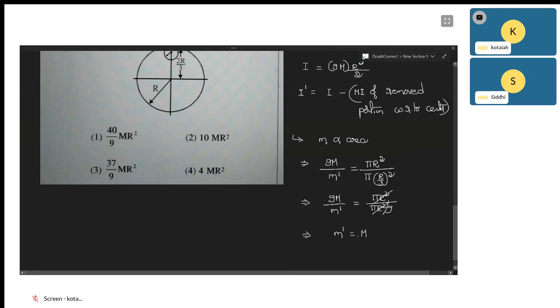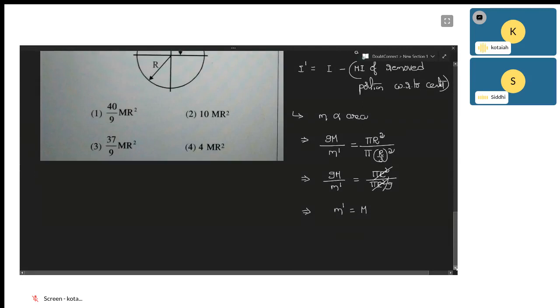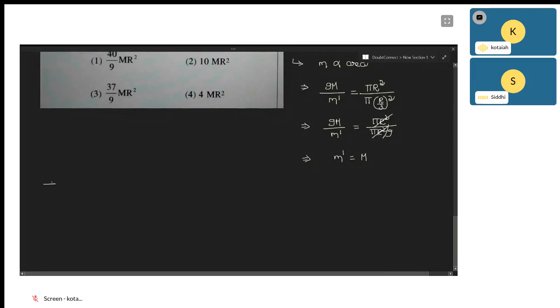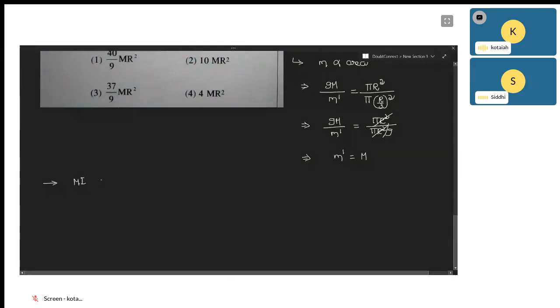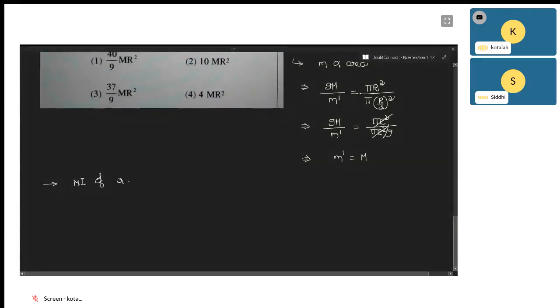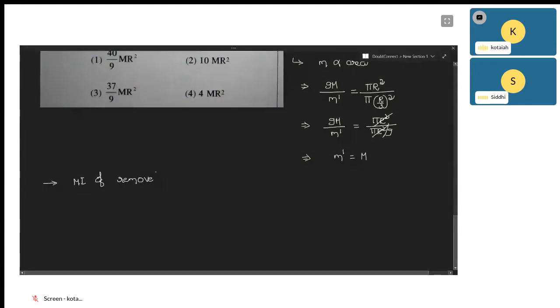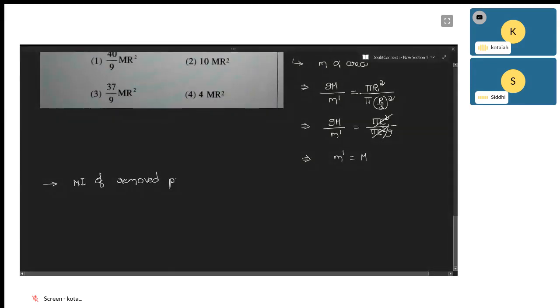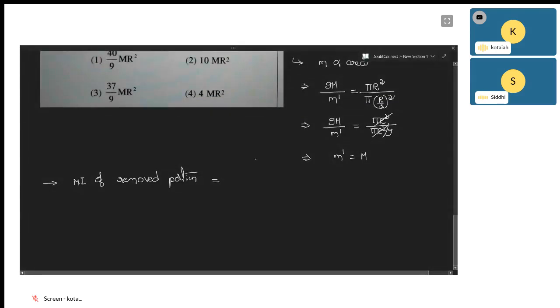Fine. Chalo. So then the moment of inertia of the removed portion is equal to, that is also a disk, no? So the formula is MR square by 2.